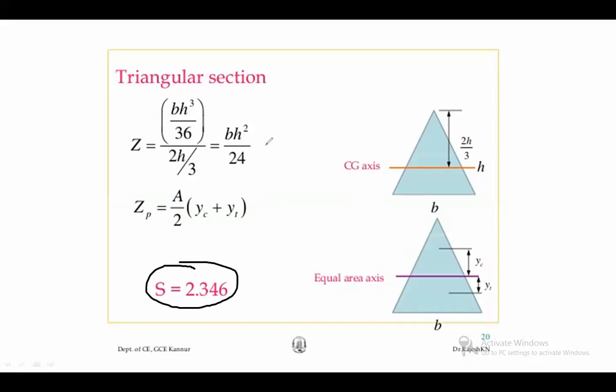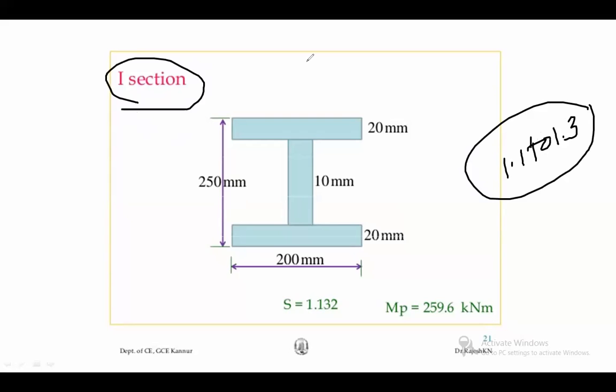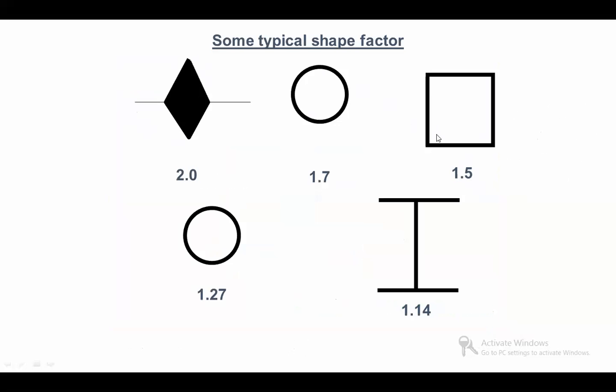So remember 2.346 for the triangular section. You get 135% additional capacity, but this section is not used in design or erection. Generally for the I section, it is 1.12, maximum 1.3 or 1.4, the range of the shape factor for the I section is 1.1 to 1.3.